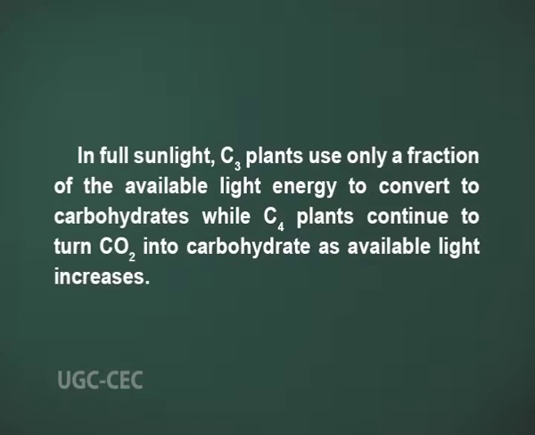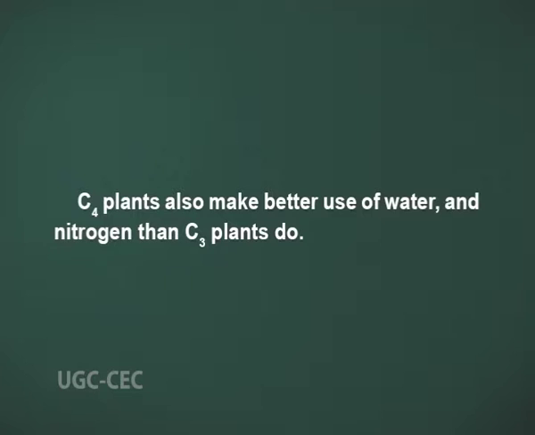In full sunlight, C3 plants use only a fraction of the available light energy to convert to carbohydrates, while C4 plants continue to turn carbon dioxide into carbohydrate as available light increases. C4 plants also make better use of water and nitrogen than C3 plants do.